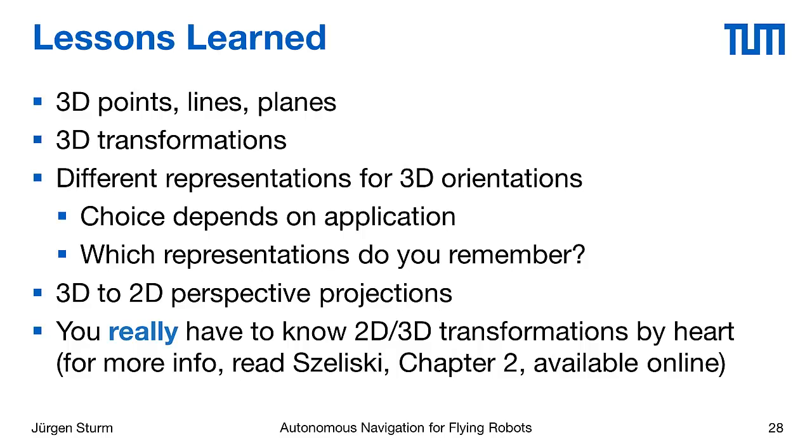In the next quiz, we will ask you again to summarize which of these representations you still remember and what the advantages and disadvantages are. And we've also looked at the 3D to 2D perspective projection as it happens in a normal camera. These things that we've looked at today are really important, and you really have to know them by heart.